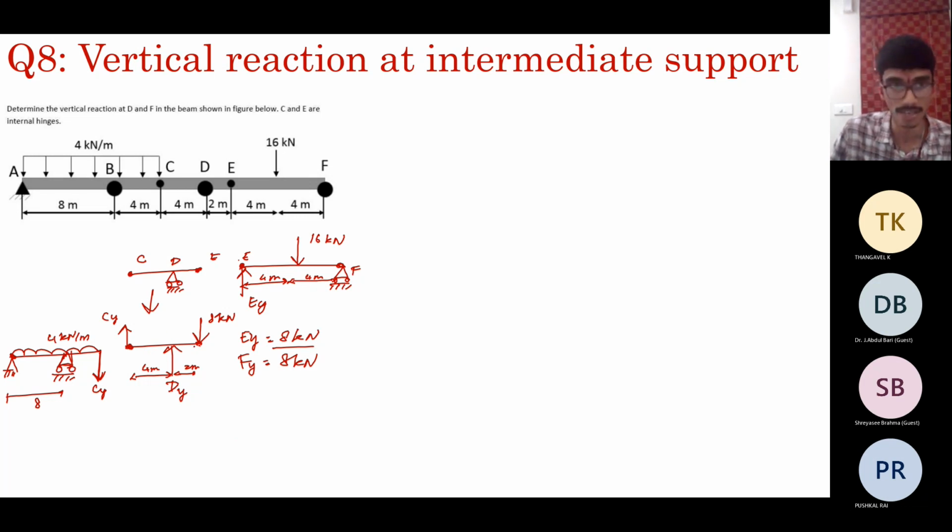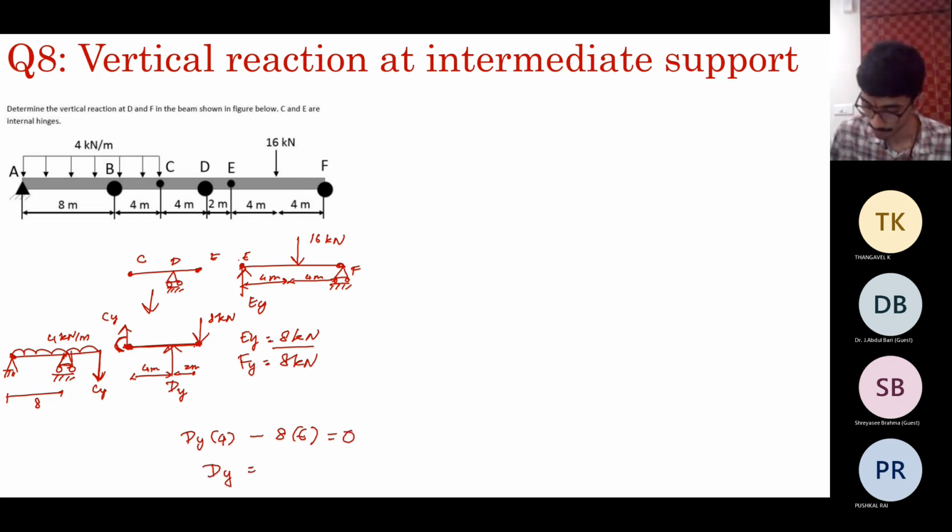There is no loading on the span C, D. So consider this system. If you take moments about the point C here, what do you get? You get DY into 4 minus 8 into 6 equal to 0. So you get DY as 8 into 6 by 4, which is nothing but 12. So DY is 12 kilonewtons and FY is 8 kilonewtons.